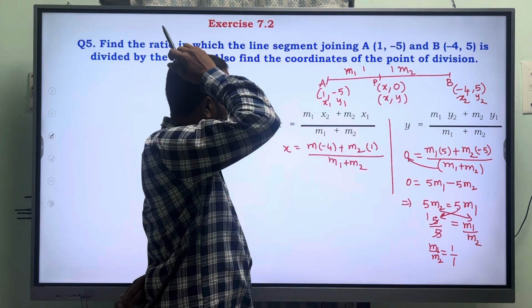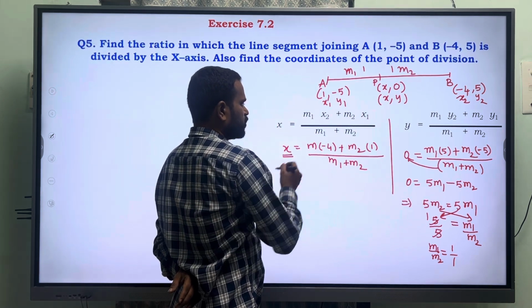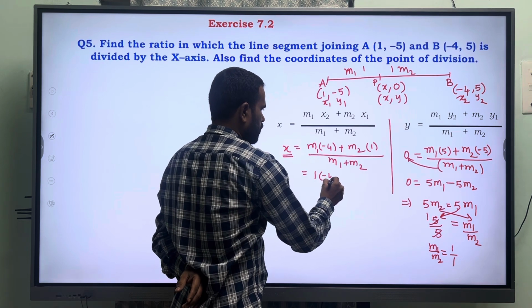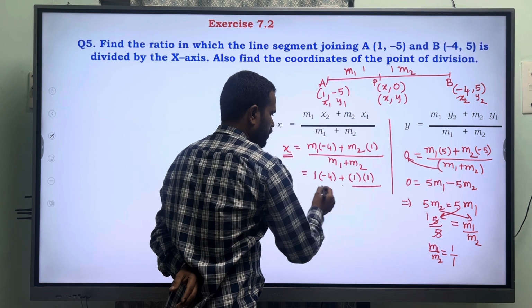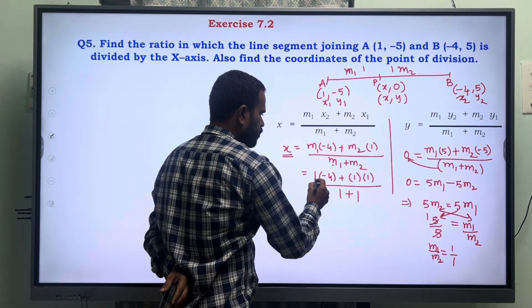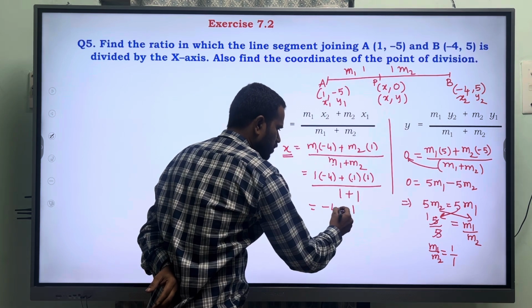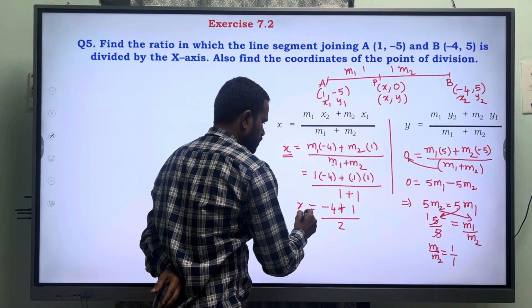Now if I know m1 and m2, I can find the x coordinate, right? So let us substitute here. m1 is how much? 1. So 1 into minus 4 plus m2 is also 1 into 1, by 1 plus 1. So this is x.